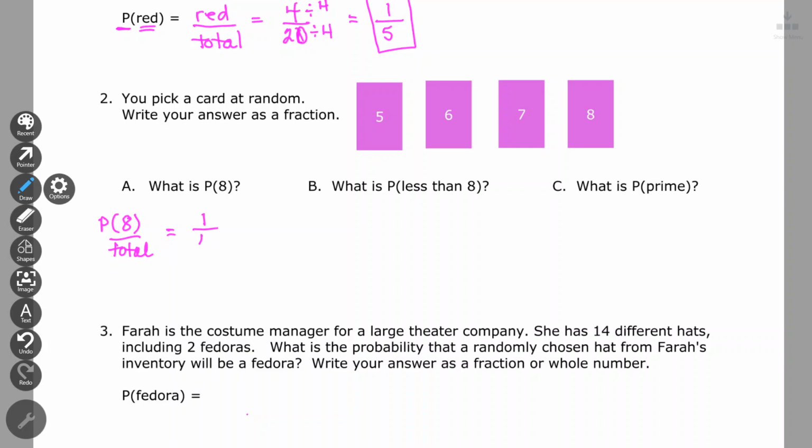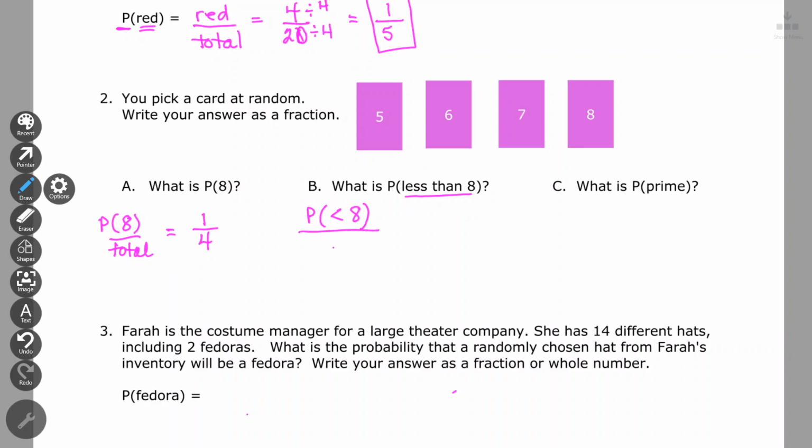There are 4 total cards, so the probability that you will choose an 8 would be 1/4. B. What is the probability that you will choose something less than 8?